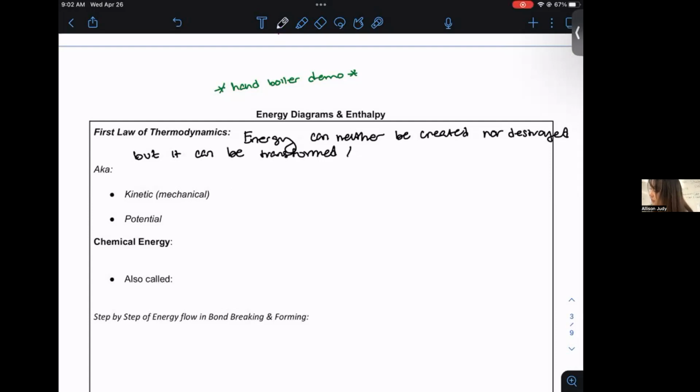It can go to a different version. Like we know from 8th grade, kinetic energy can become potential energy and potential energy can become kinetic energy. Also known as the law of conservation of energy.